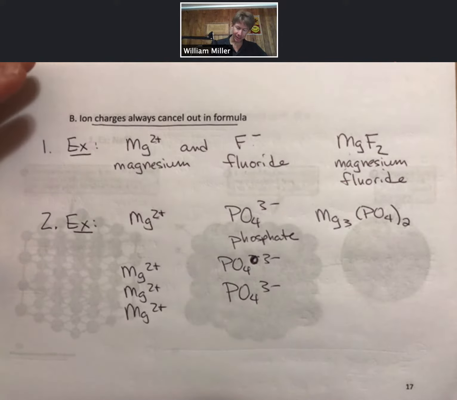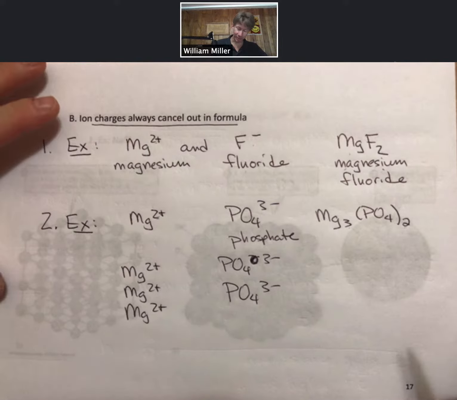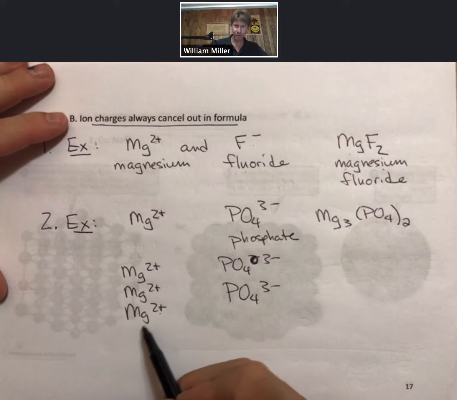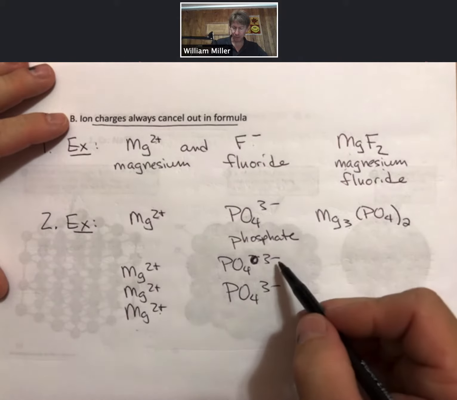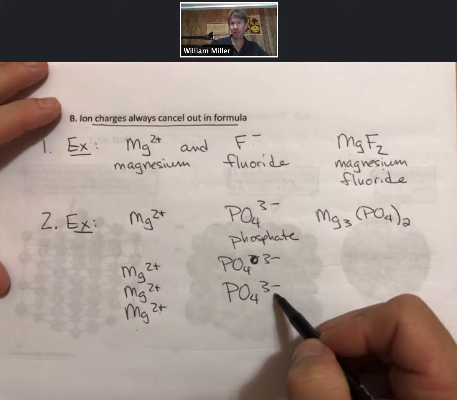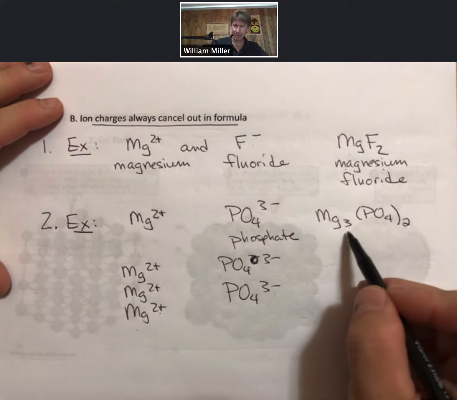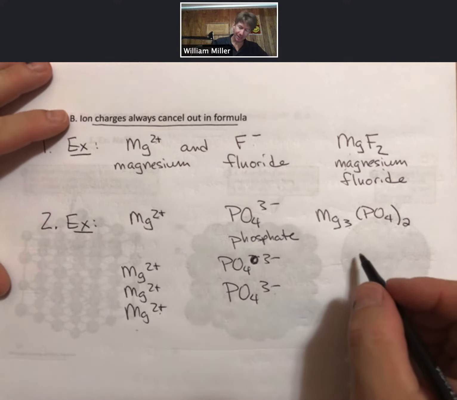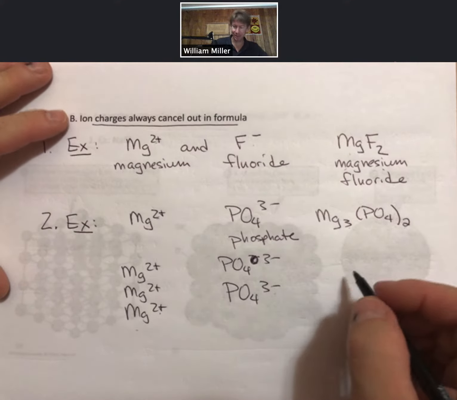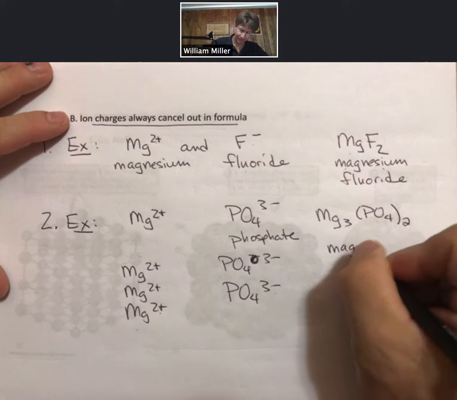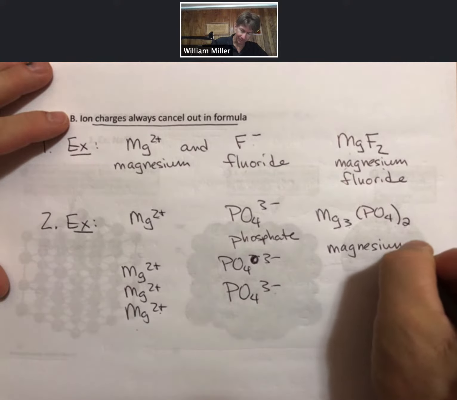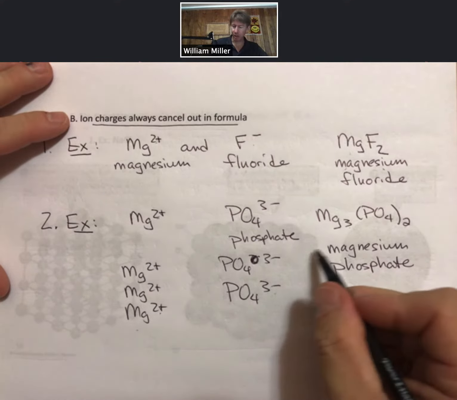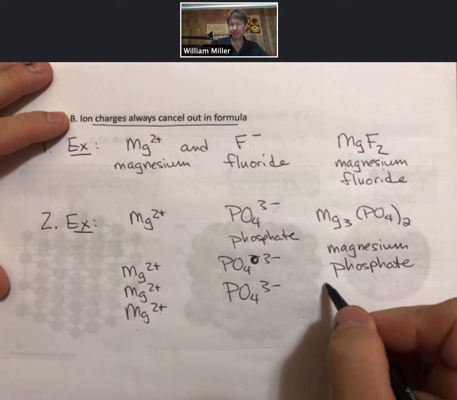So a number of things about this example. One is the charges do cancel. We have +6 for 3 magnesium ions. We have -6 for 2 phosphate ions. That's why this is the formula here. Next thing, this is named magnesium phosphate. There are no number prefixes here.